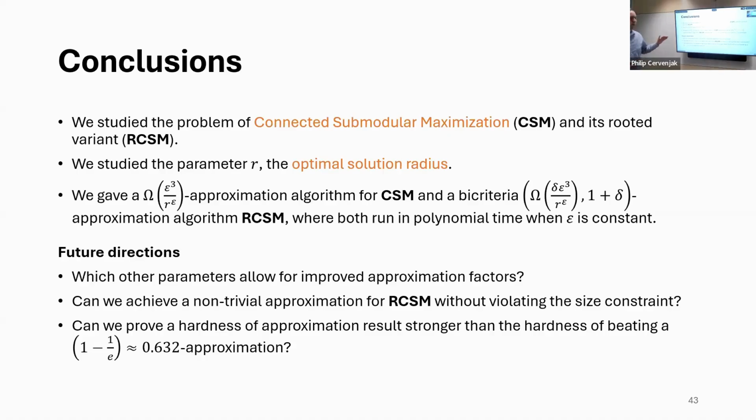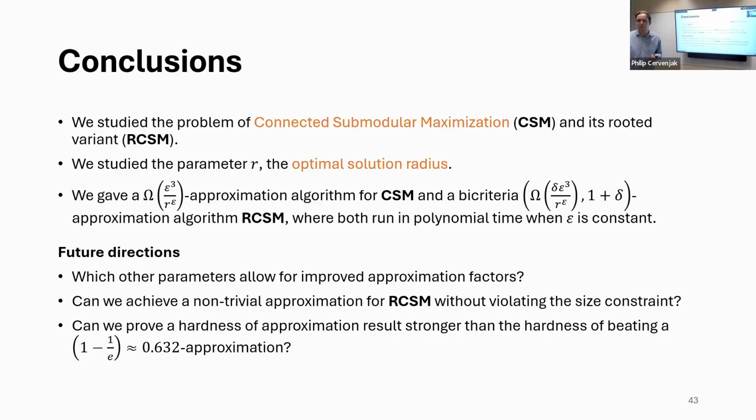And then there are also some open problems related to our computational problems. For the rooted problem, we don't actually know if we can achieve a non-trivial approximation without violating the size constraint. In other words, without having to use a bi-criteria approximate solution. And also, as I mentioned earlier, we have this 1 minus 1 over e approximation hardness for the connected submodular maximization problem.